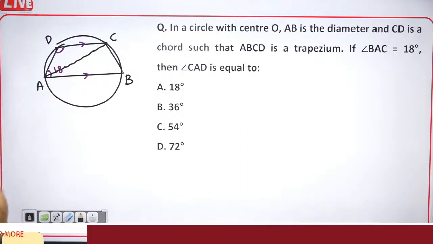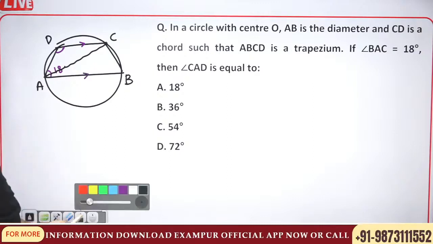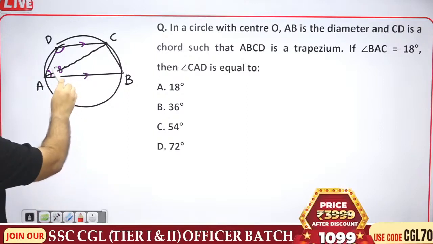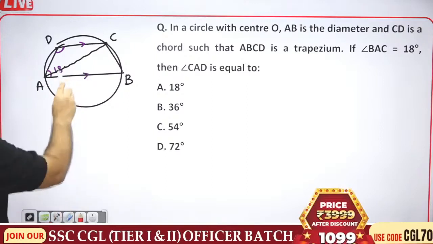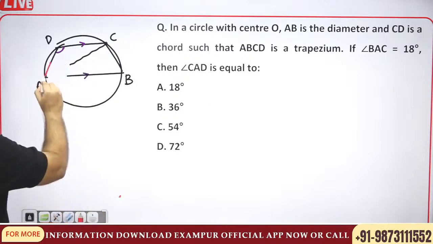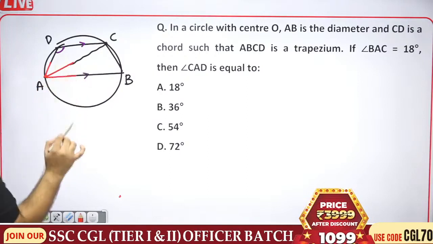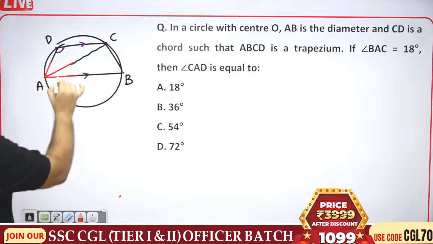What was given? BAC was given, and they are asking for CAD. BAC is given as 18.